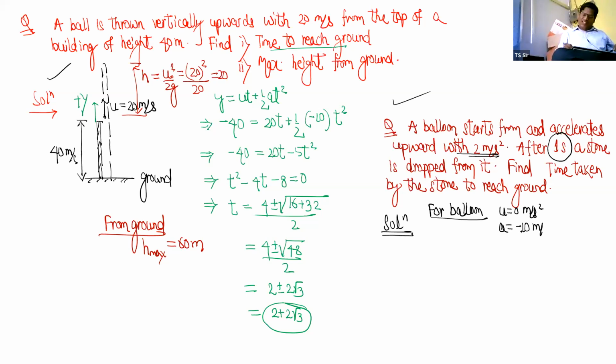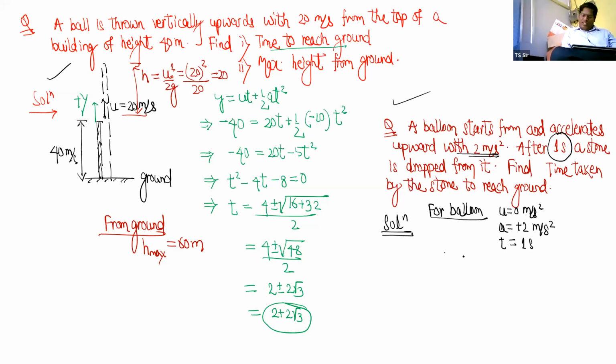So here acceleration should be plus 2. The balloon is accelerating upward because there is a buoyant force acting on it, and that buoyant force is greater than gravitational force, therefore it's moving up. Anyway, u is given, a is given, time is given for the balloon, it's 1 second.